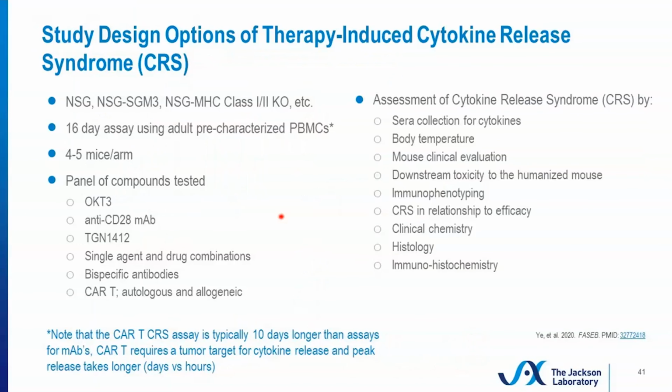So we've looked at this in the context of monoclonal antibodies, CAR T, and bispecific antibodies. These are very rapid assays. They're very tight assays. They're very reproducible. The number of mice per arm can be kept down to 4 or 5 mice per arm. There are a lot of ancillary readouts that we can use to look at the consequences of this cytokine release: body temperature, immunophenotyping to look at the activation state of these cells.